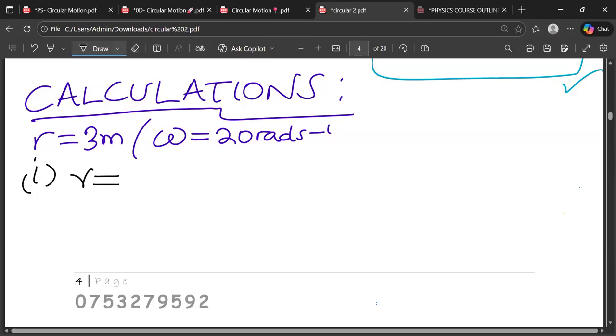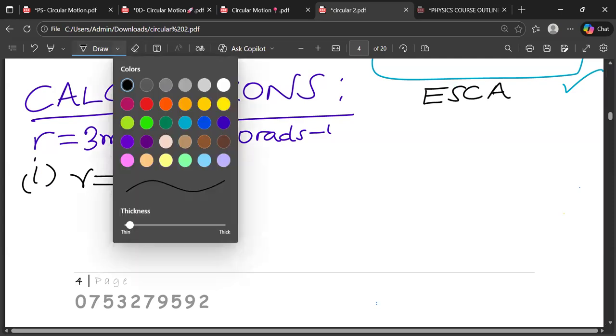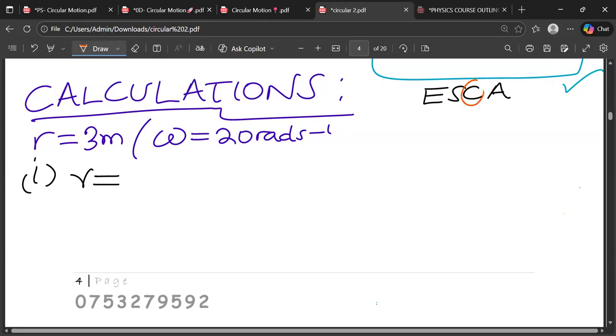But this one was a bit obvious. So I told you about the ESCA mode of calculations. But with physics, in most cases, this part is skipped, the one for computation or the evidence of working. It is usually the expression, you substitute, and then the answer. How do we escape computation? We always alter our expression to fit the question, as I told you.